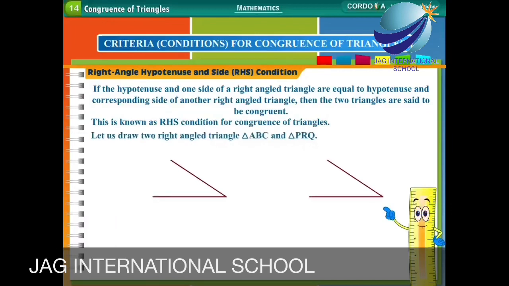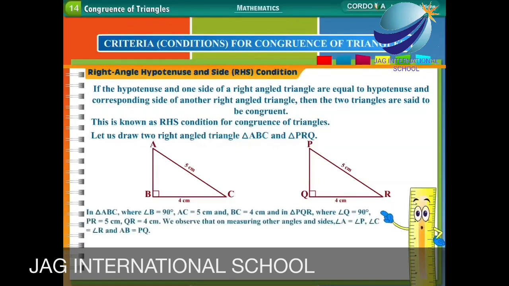Let us draw two right-angled triangles, ABC and PQR. In triangle ABC, angle B is equal to 90 degrees, AC is equal to 5 cm and BC is equal to 4 cm. And in triangle PQR, angle Q is equal to 90 degrees, PR is equal to 5 cm, QR is equal to 4 cm.